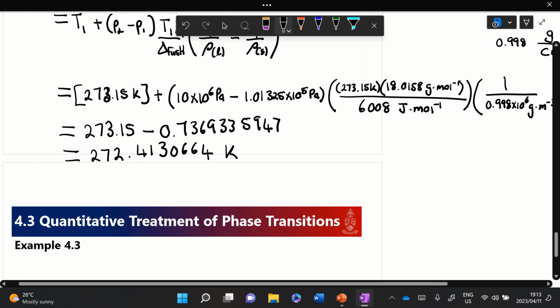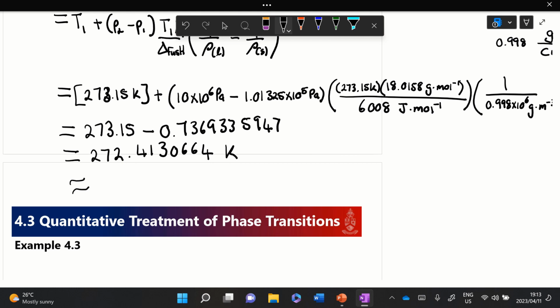If we take that to degrees Celsius, and we have 10 megapascals as our lowest number of significant figures, then taking that to degrees Celsius gives us minus 0.74 degrees Celsius.